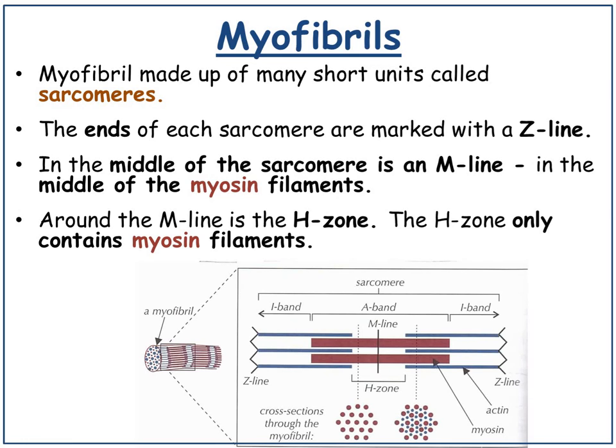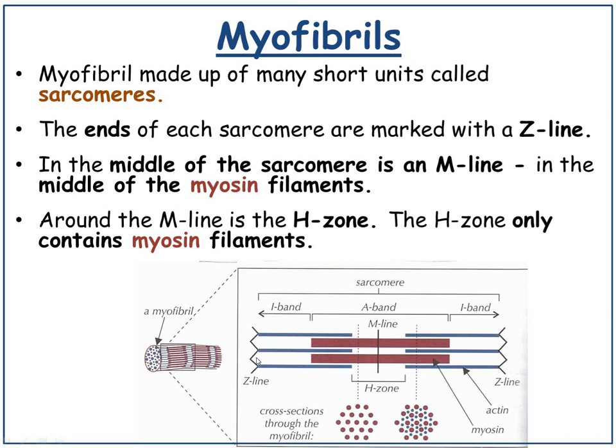So myofibrils are made up of many short units called sarcomeres, and the end of each sarcomere is marked with a Z line. And in the middle of the sarcomere is an M line, which is in the middle of the myosin filament.